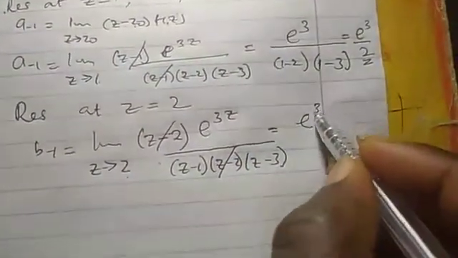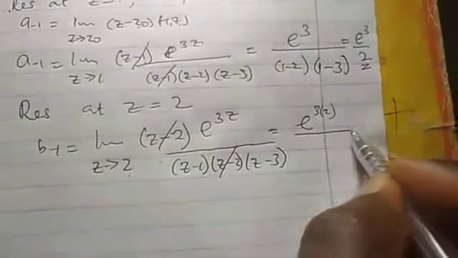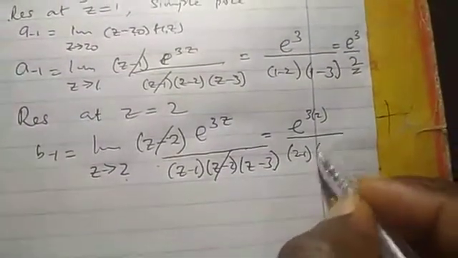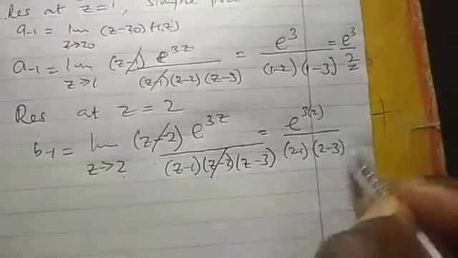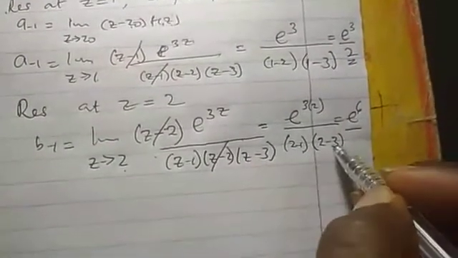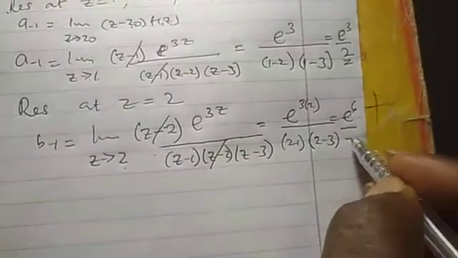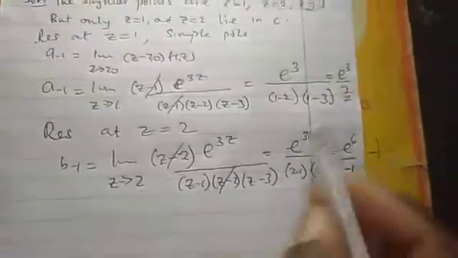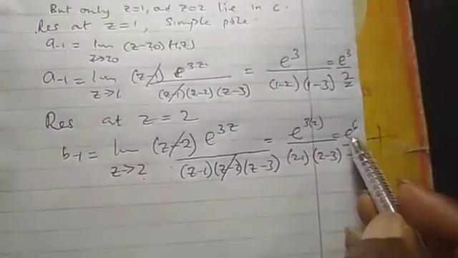So this will be e to the 3 times 2 divided by (2 minus 1) times (2 minus 3). So this is exponential 6 divided by 2 minus 1 and 2 minus 3, which gives minus 1 there. That will be minus exponential 6.